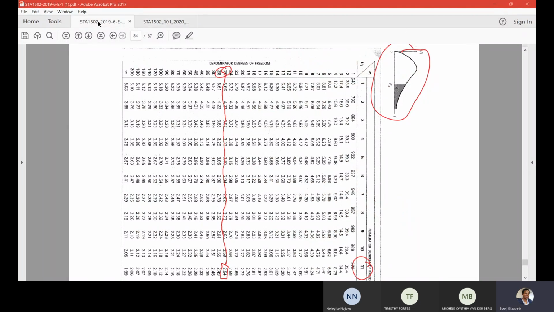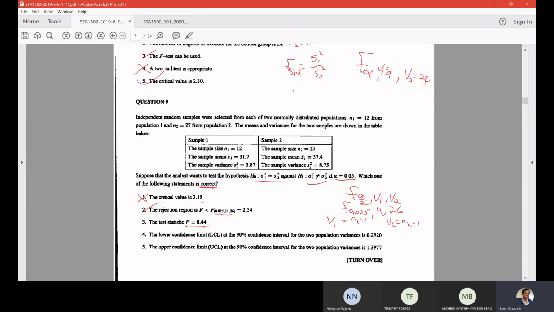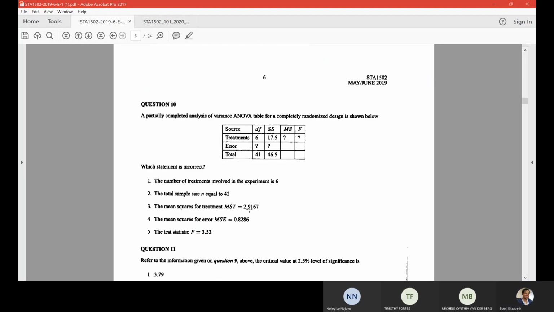It's one side, and that is why it's that way. So you can go and calculate your F test as well, and you can go find the confidence intervals.